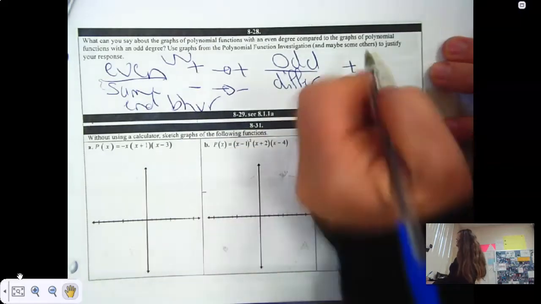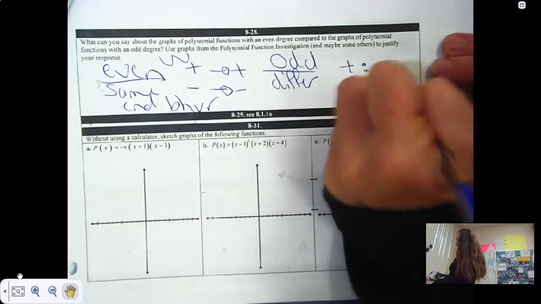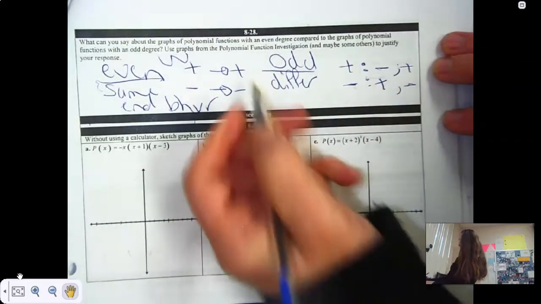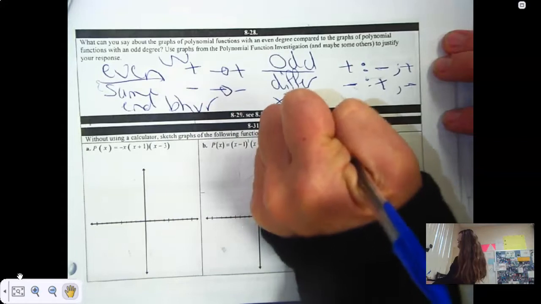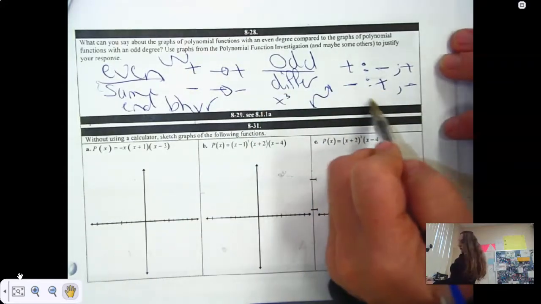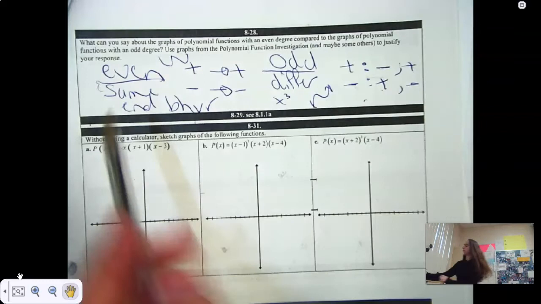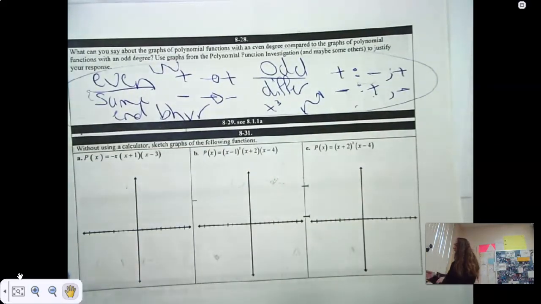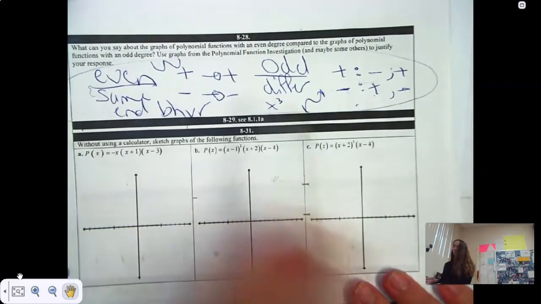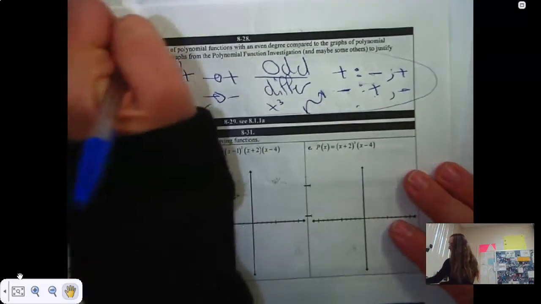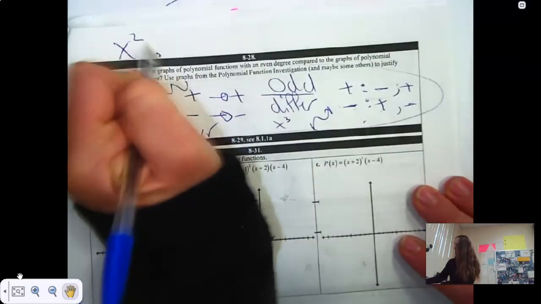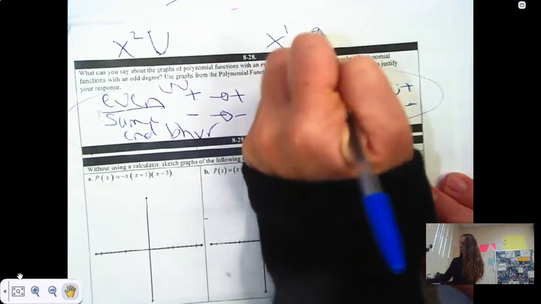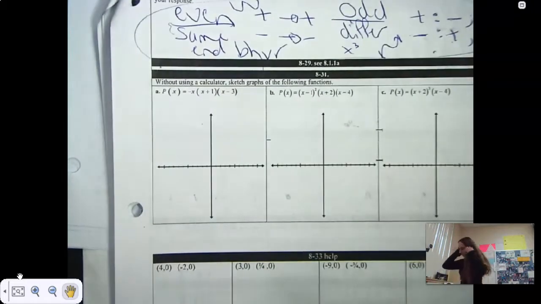If it's positive, then it's negative, positive. And if it's negative, it's positive, negative. What do I mean? If you have x cubed, you start down here in the negative and it ends positive. If you have a negative, it's a positive, negative. Some of us function well this way because we like memorizing. I'm more of a visual person. I have to touch it. So for me, drawing pictures is easier than memorizing this, or comparing it to x squared, which is even, which starts from the top and goes down, and starting from the odd, which is x to the first power, which starts down here. Okay?